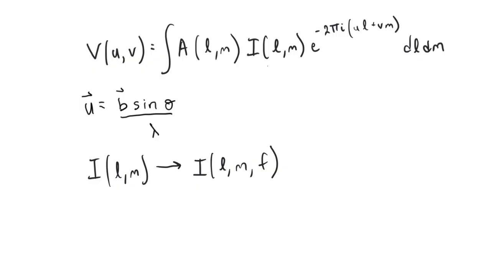To make matters worse, the instrument itself has a frequency-dependent response. So the primary beam is also implicitly a function of frequency. And intuitively, this is for the same reason that the baseline vector U was a function of frequency. The primary beam is defined by the antenna.